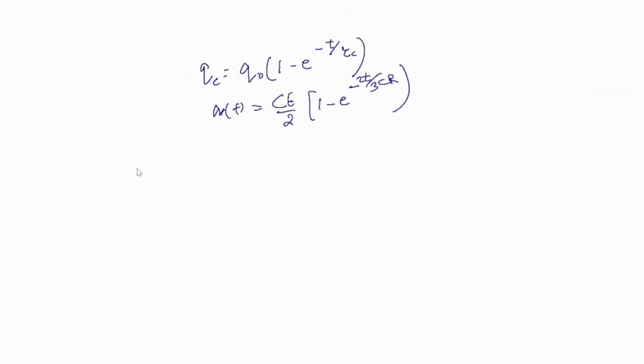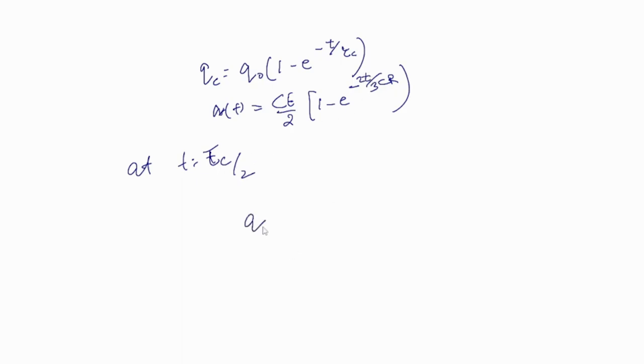Now at t equal to tau C by 2, just put the value of t equal to tau C by 2 here.